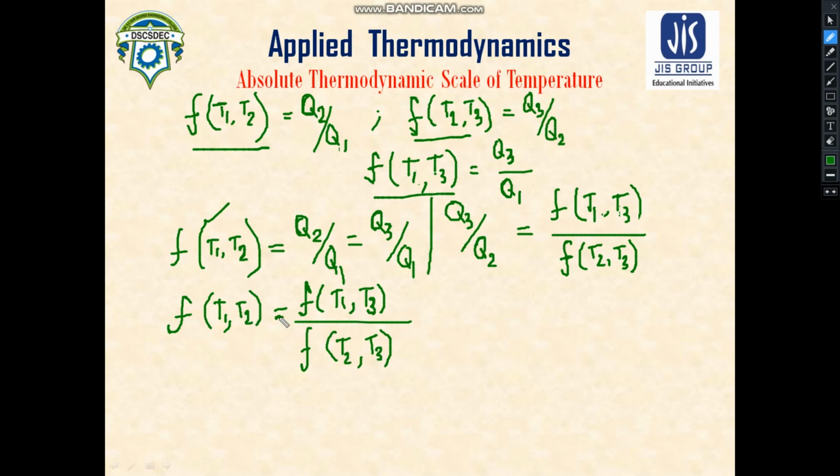Now the basic understanding from Carnot's theorem is that if you fix the temperatures of heat addition and rejection, then all the reversible engines will yield the same efficiency. All the reversible engines will have the same work output if you fix their working temperatures.